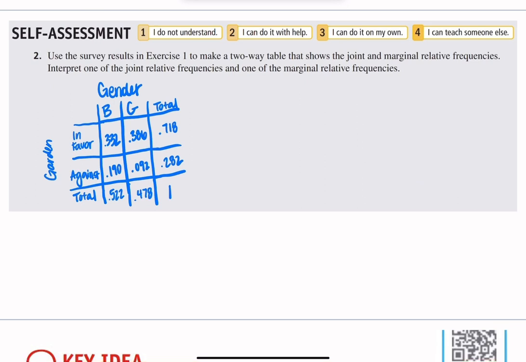So you may have said that 0.332 means that about 33.2% of the students surveyed are boys in favor of planting the garden. You could have possibly said that 0.282 means that 28.2% of the students surveyed are against planting the garden. But just check and make sure that it matches what column and what row it's in.